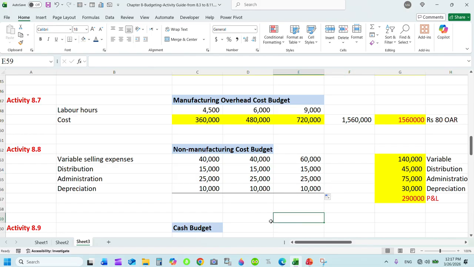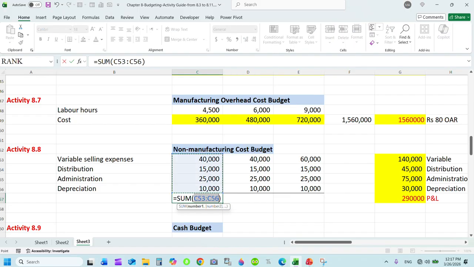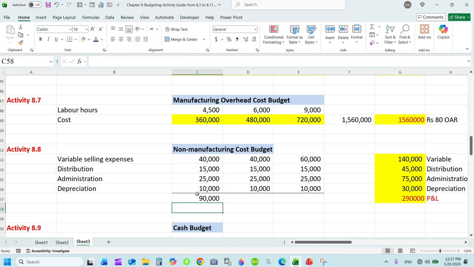So this is the non-manufacturing overhead cost budget. If you need, you can add the total column here. Right.